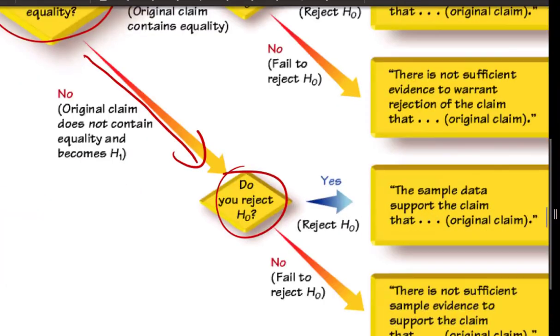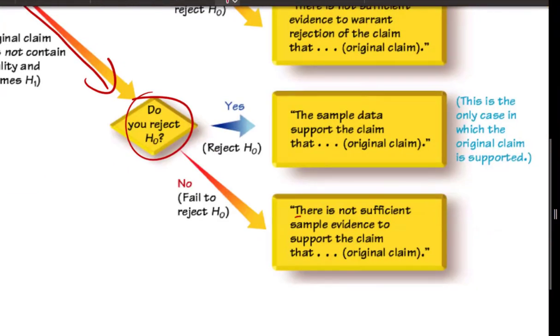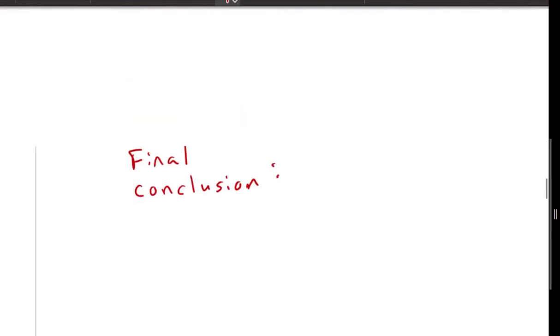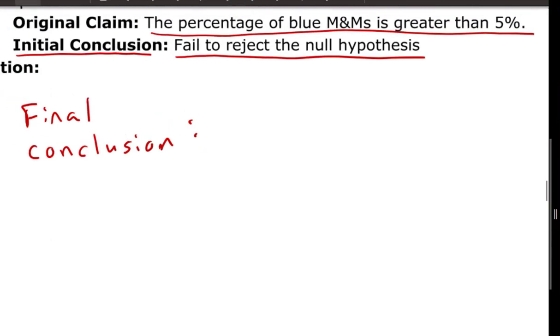So we fail to reject the null, and this is the wording right here. There is not sufficient sample evidence to support the claim that, and then whatever claim you were trying to originally test. In our case, the percentage of blue M&Ms is greater than 5%. So our final conclusion will be this right here. You can say insufficient.